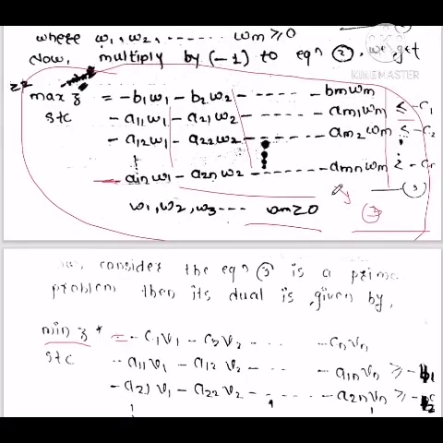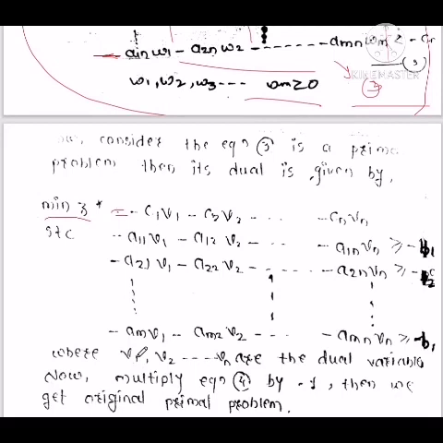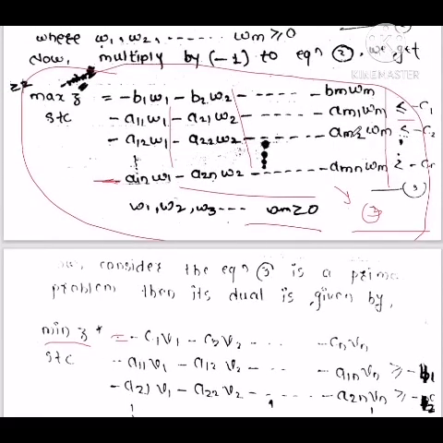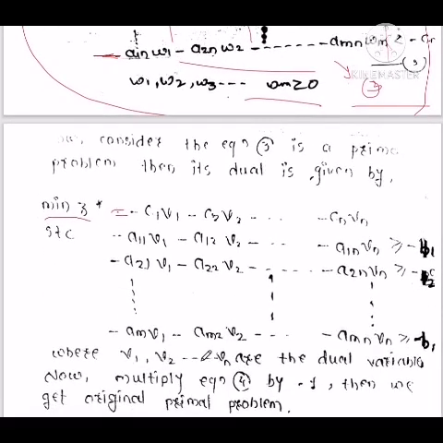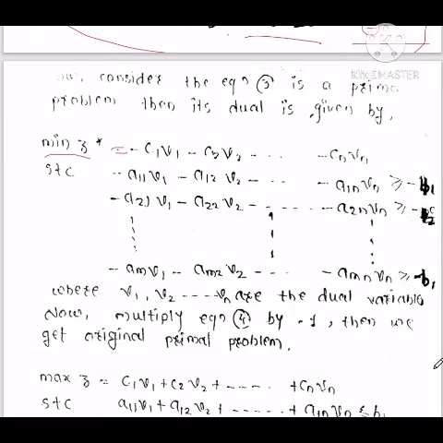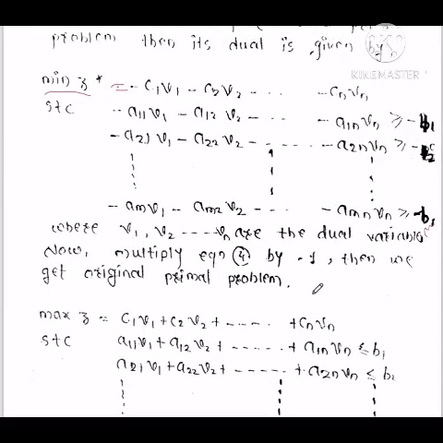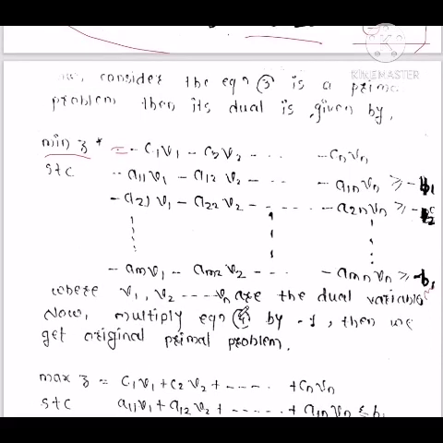The last term we can write as minus Am1 V1 minus Am2 V2 and so on minus Amn Vn greater than or equal to minus Bm. So here is an m term. Here V1, V2, Vn are the dual variables.